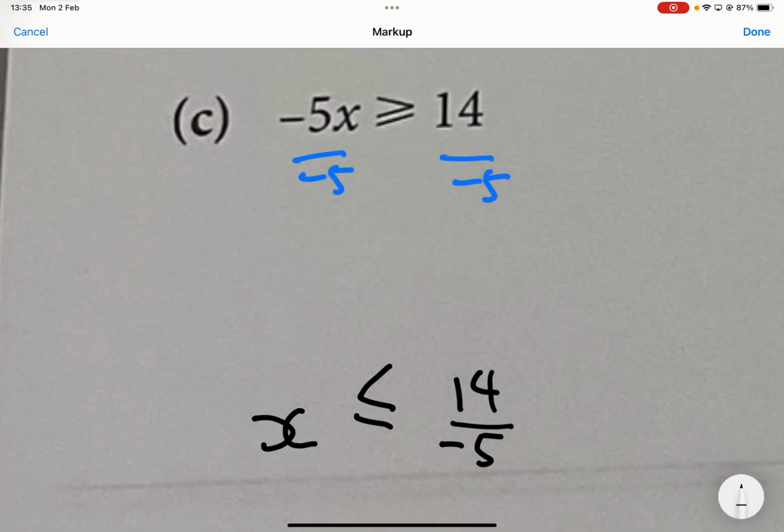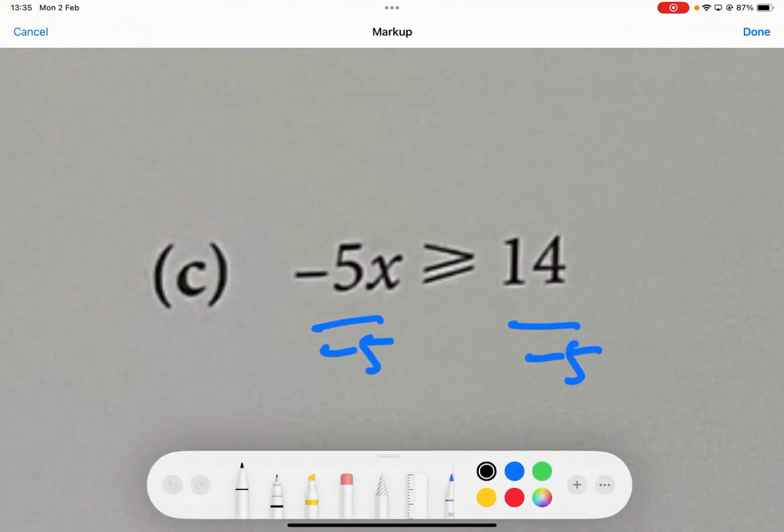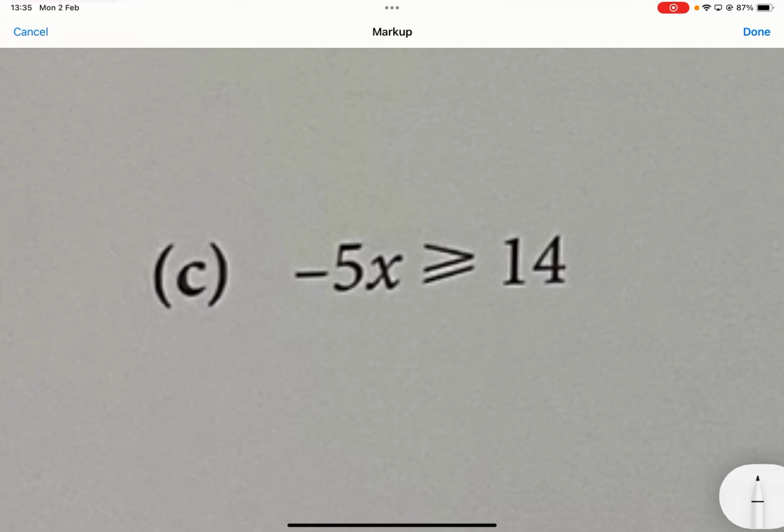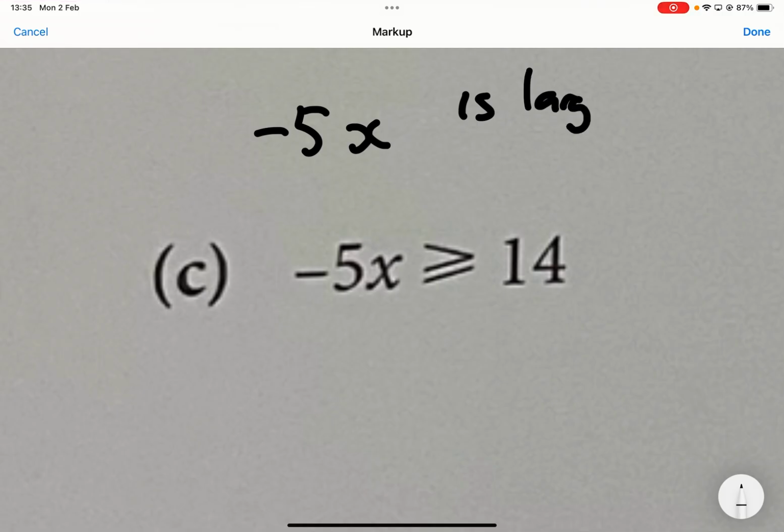Do you understand? Which part don't you understand? Okay. If we don't do anything at all, do you know what this line is telling you? It is telling you minus 5x is larger or equals to 14.